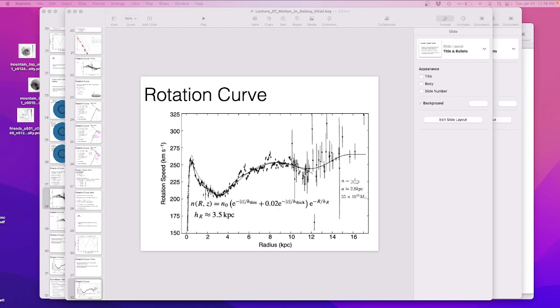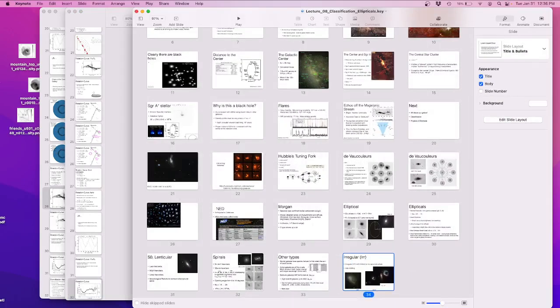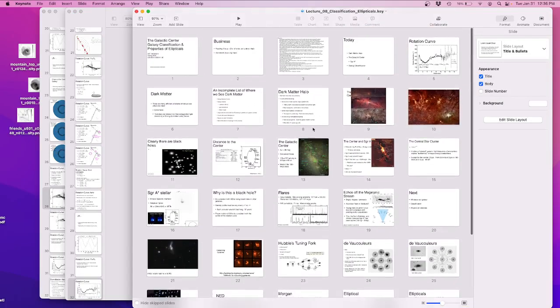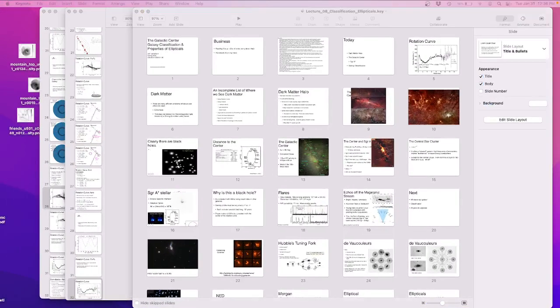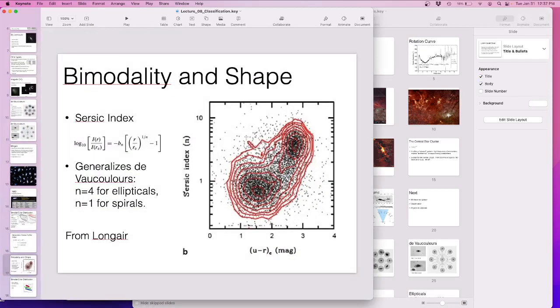But yeah, so let's move on to, I'm going to jump the gun a little bit and start talking about galaxy classifications. Oh, wrong semester. All right.